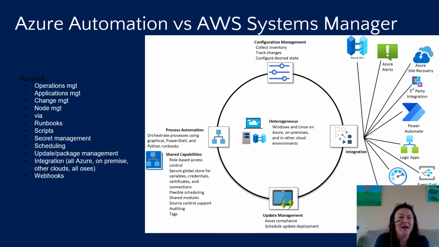In this case, these are pretty similar systems. I think Azure Automation is a little bit better than AWS Systems Manager, but they provide similar functionality: scheduling, secret management, runbooks, scripts, change management, and so on.